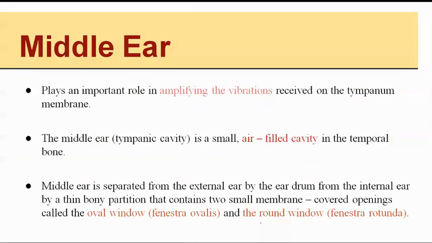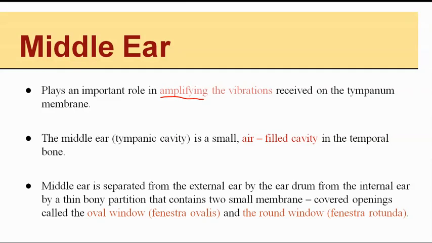Coming to the middle ear, the middle ear is the one which amplifies the vibrations. I think you are familiar with this word amplification, that is, which improves or increases its intensity. The middle ear is a small air-filled cavity which is present in the temporal bone of the cranium.